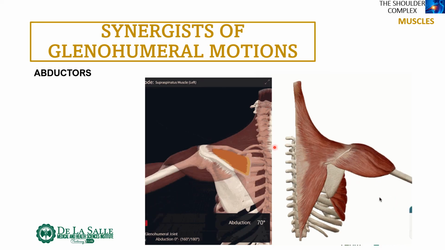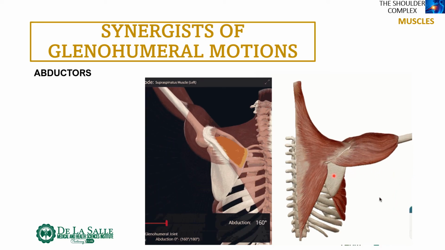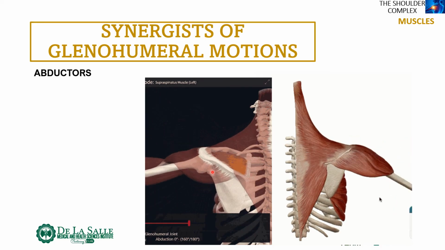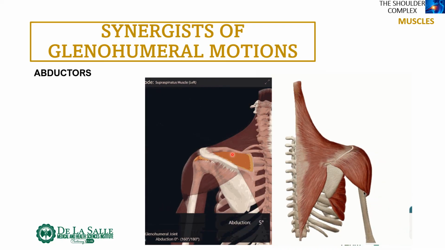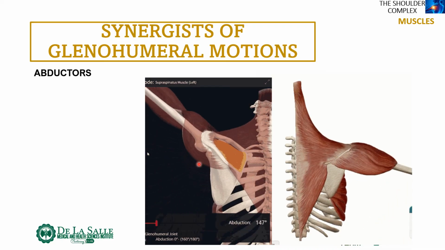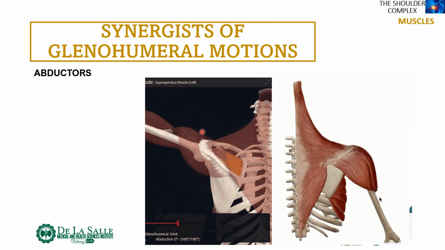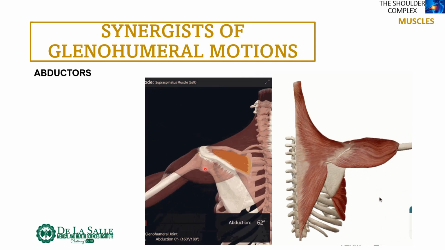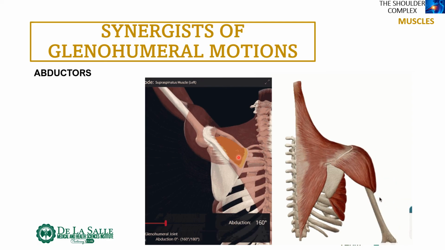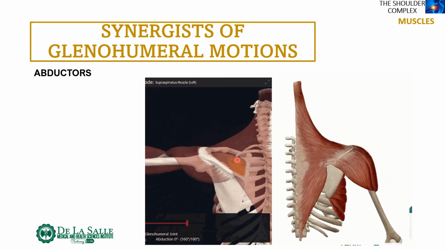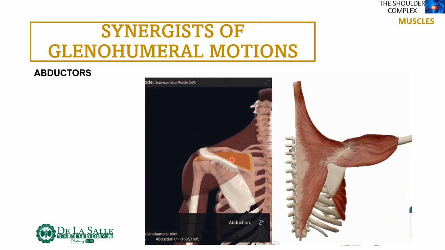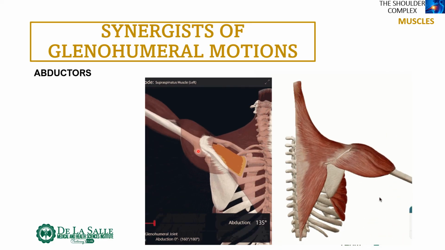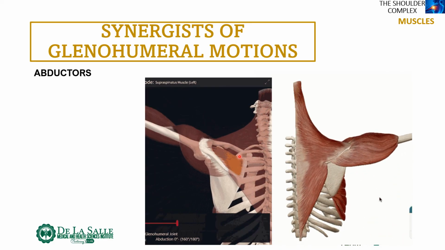For the abductors, we have three: your supraspinatus muscle, your anterior deltoid, and your medial deltoid. If the deltoid is paralyzed, the supraspinatus is generally capable of fully abducting the glenohumeral joint, although the abduction torque will be reduced.